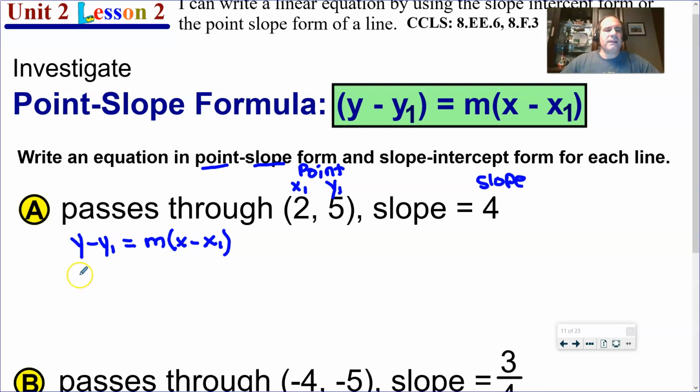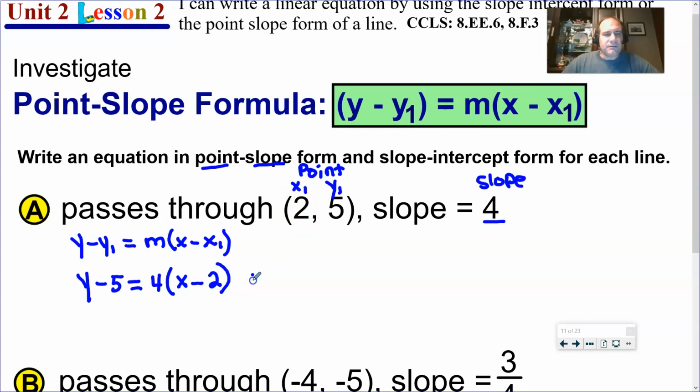So we have y minus, and I'm going to substitute my y1. You see this y1? That's 5. They give us the slope of 4. That's the m. So we're going to put that 4 in. Then it's times x minus x1, which is 2.